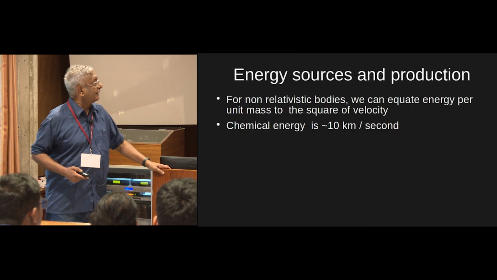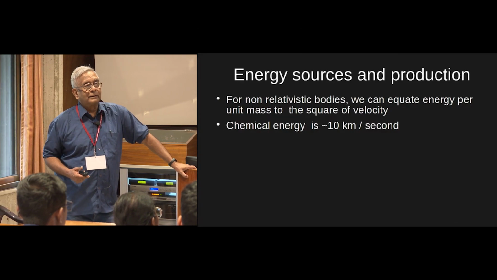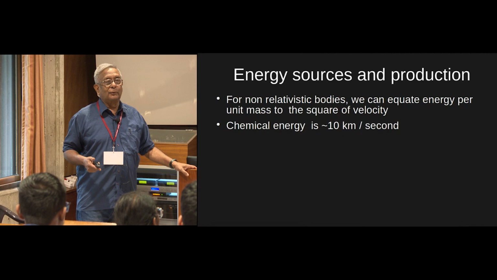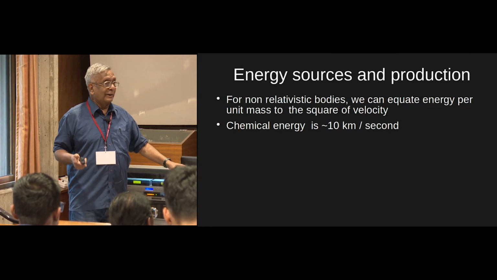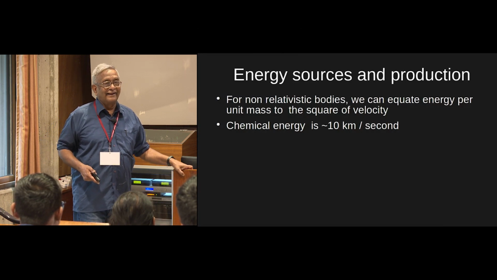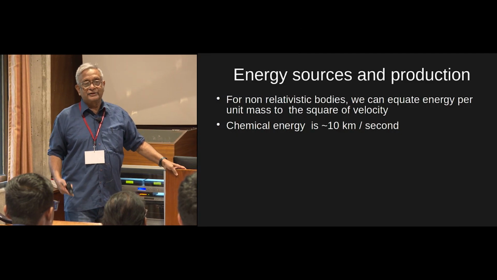So, what is chemical energy, right? So, how did I get 10 kilometers per second? Take 1 electron volt, which is like the binding energy of molecules, not so much atoms, right? Atoms a little more. So, that's 10 to the minus 12 in CGS units, which I am sure none of you use. And then you divide it by the mass of a proton, which is 10 to the minus 24.